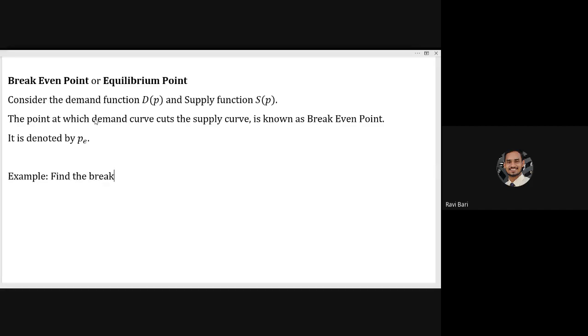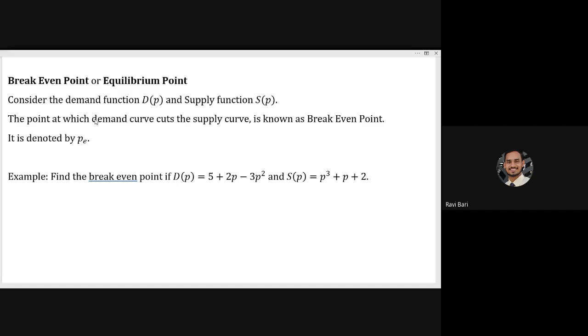Find the break-even point or equilibrium point if the demand function is given as D of P is equal to 5 plus 2P minus 3P square, and the supply function is given as P cube plus P plus 2.